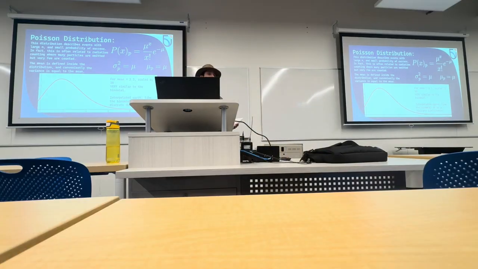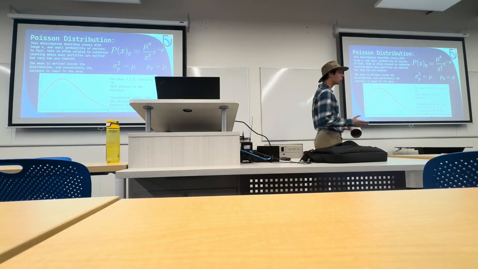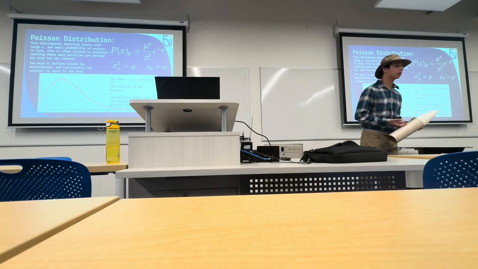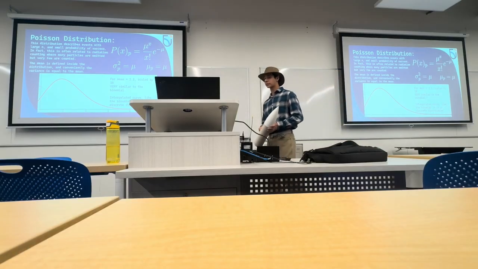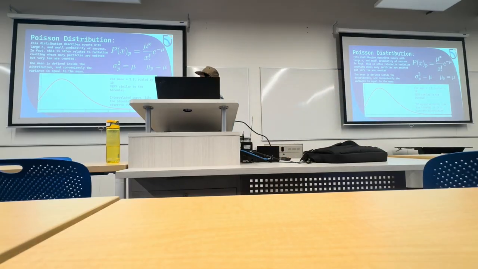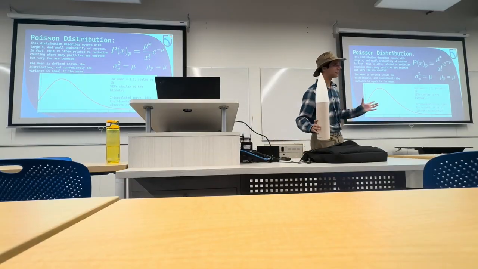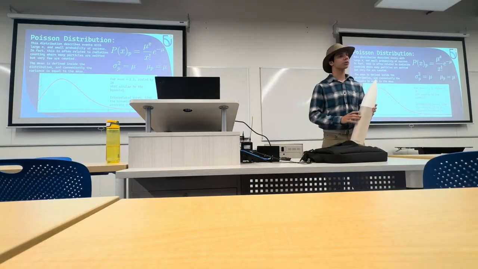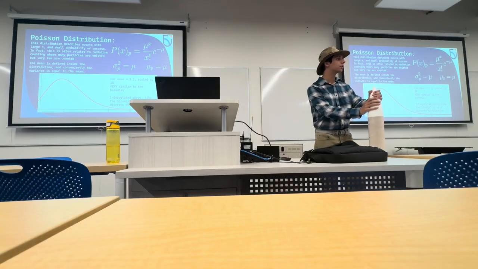So this distribution very, very well describes events that have low probability of success, a lot of events happening, and of course it is discrete. That's your probability of a certain event x occurring for x successes. The mean, of course, is mu, which is interesting because the mean is in the definition of the distribution.